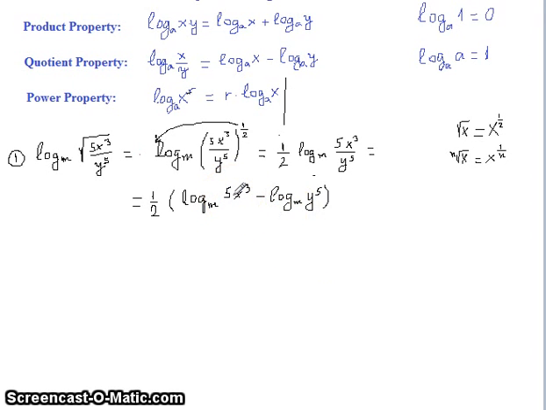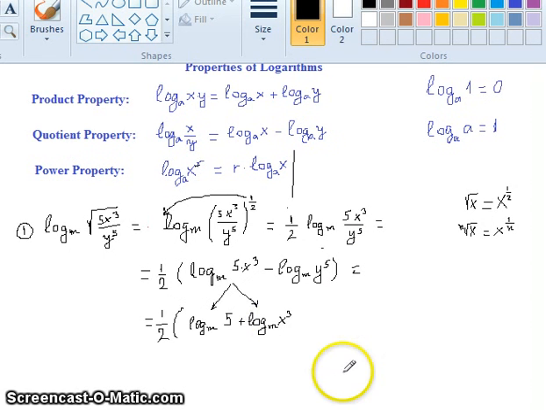Now let's take a look at the first logarithm. It is the logarithm of a product of 5 and x to the third. So we can apply the product property. Instead of this logarithm, we can replace it with the sum of log base m of 5 plus log base m of x to the third. And for the other logarithm, we have a logarithm of an exponent, so we can apply the power property, and we can move 5 in front of the logarithm.